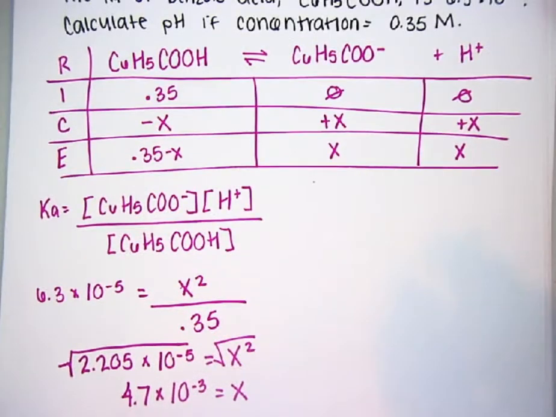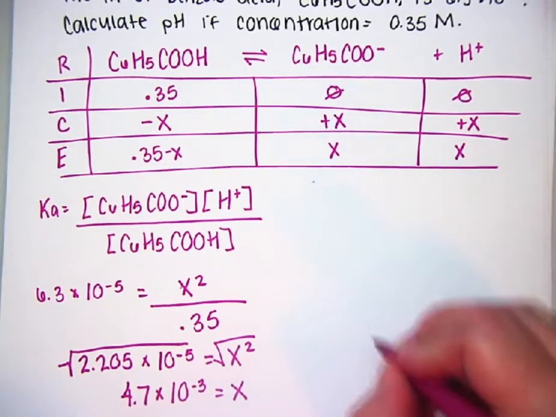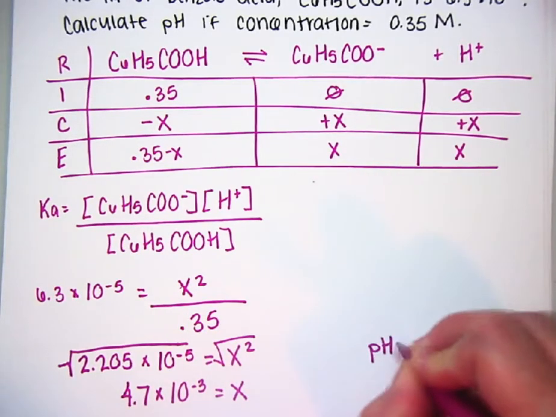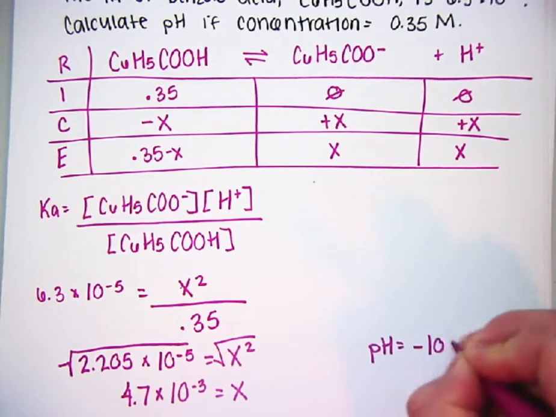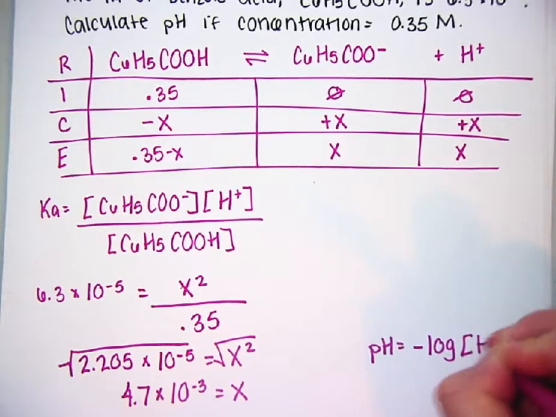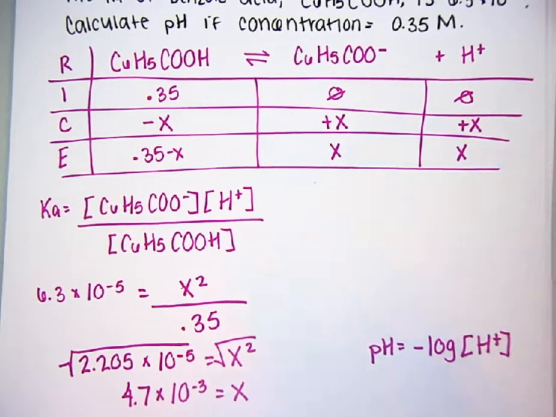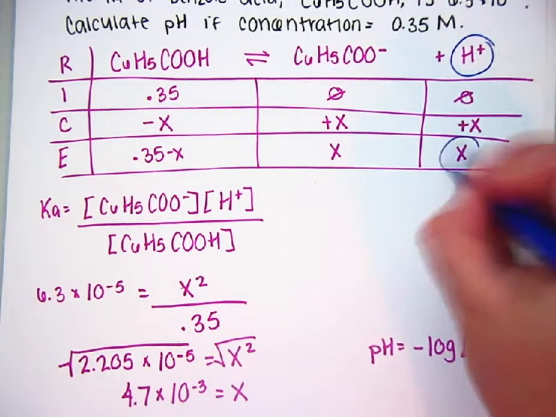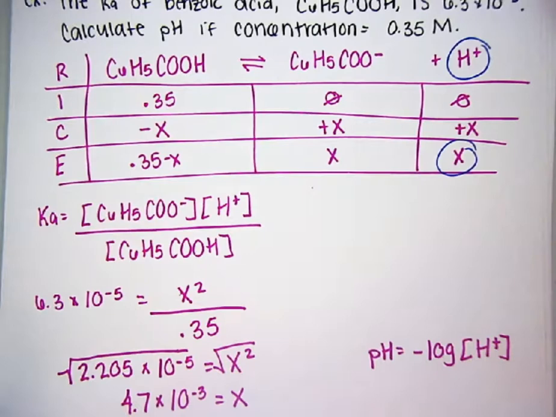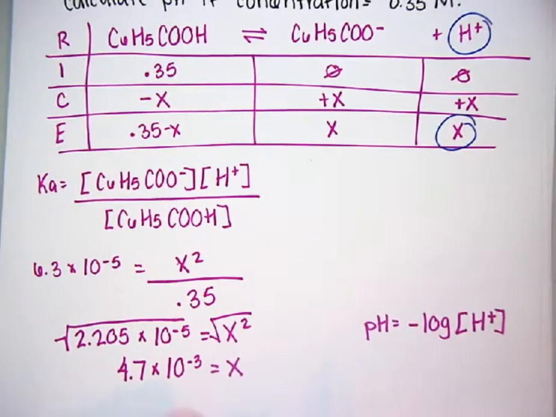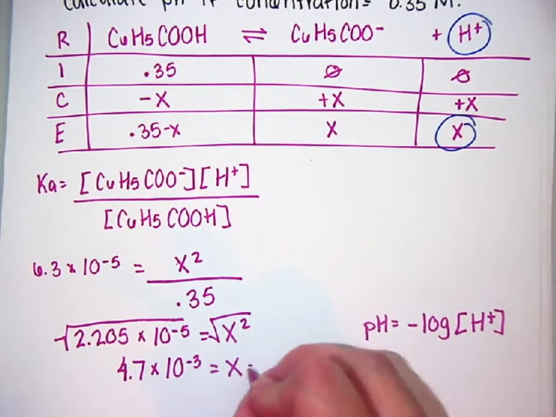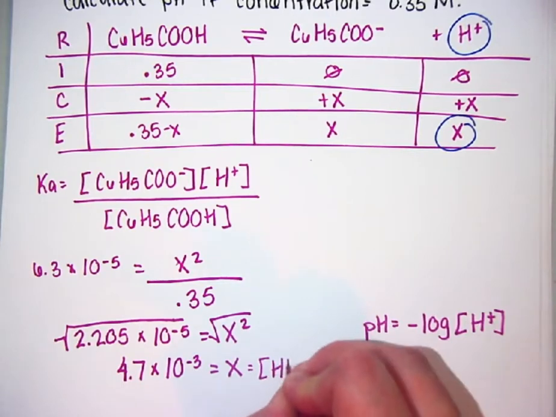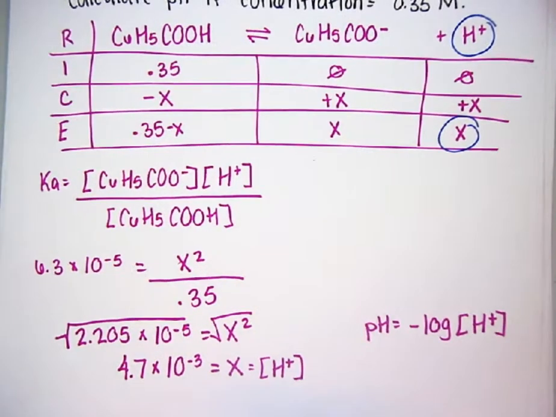We want to calculate pH. pH is equal to the negative log of H+. So if I want to calculate pH, I need the concentration of H+. Well, at equilibrium, the concentration of H+ is equal to X. So this value is equal to X, but it's also equal to H+.